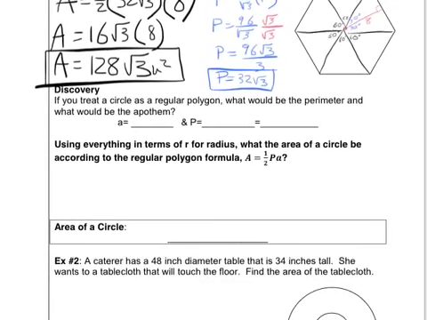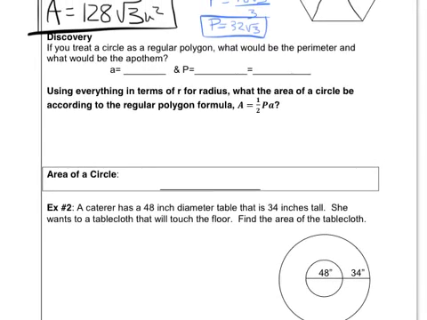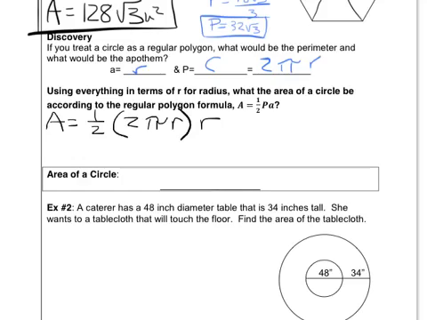Okay. Let's do this next little exercise. It says if you treat a circle as a regular polygon, what would be the perimeter and what would be the apothem? Well, the apothem would be like the radius, and the perimeter would be like the circumference, which equals 2 pi r. And so if we wanted to fill in this equation using circle terms, we would just say A equals 1/2. The perimeter is 2 pi r, and the apothem is just like the radius.